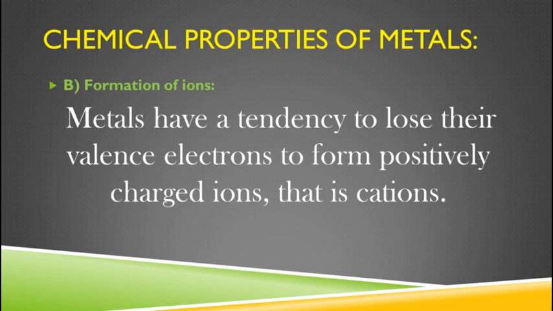We already know that electrons are negatively charged particles. So when metals lose electrons, a positively charged ion of that metal forms, and that positively charged ion is called a cation. When a metal loses 1 electron, a positively charged metal ion is formed.